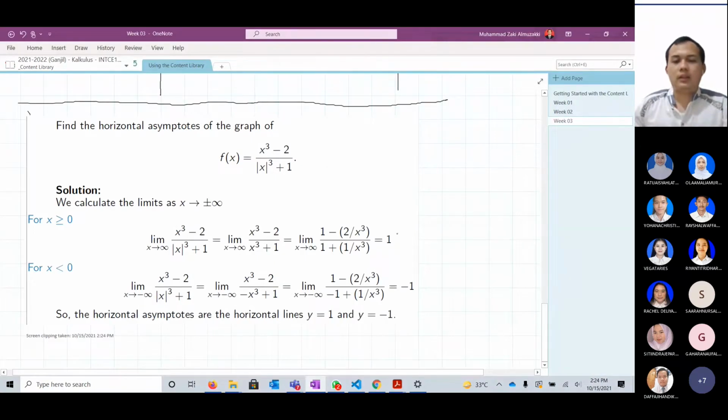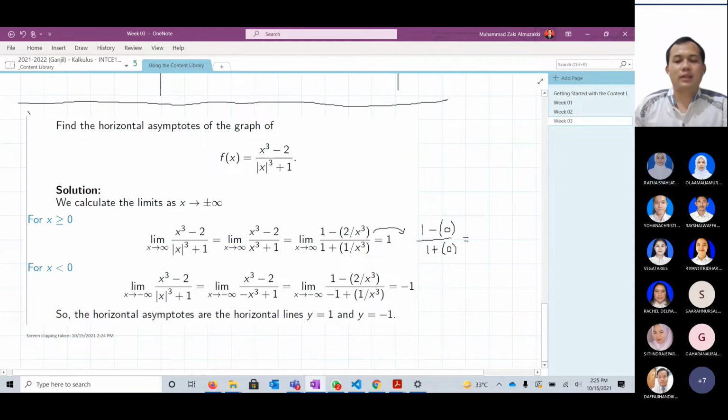Oke. Ini we have 1 minus something, 2 over infinity is, what is the value? Zero. Okay. Over 1 plus 1 over infinity is 0 also.